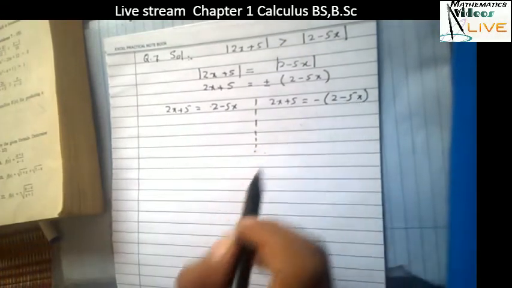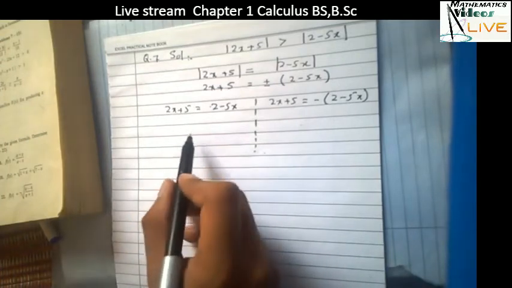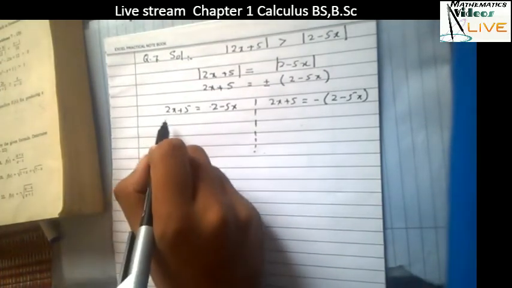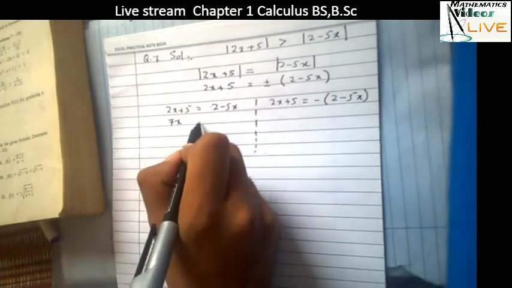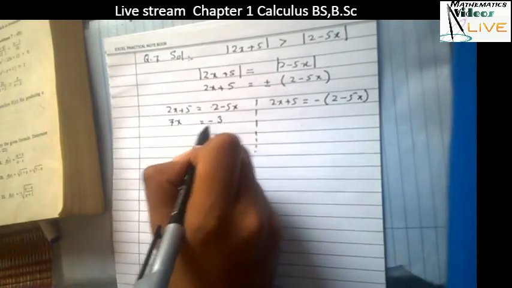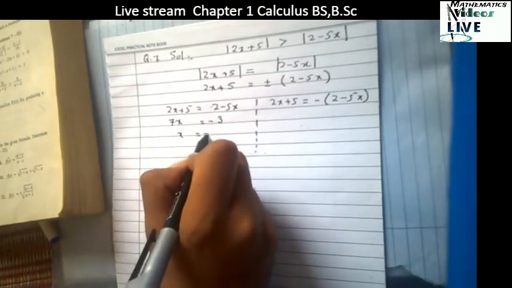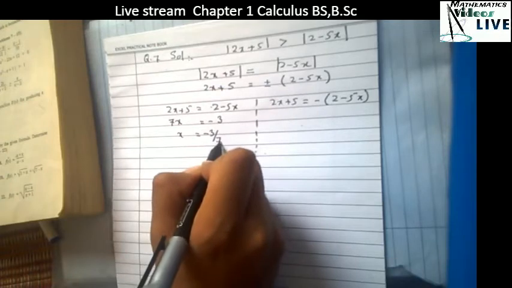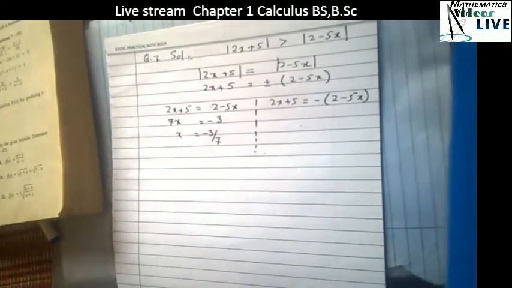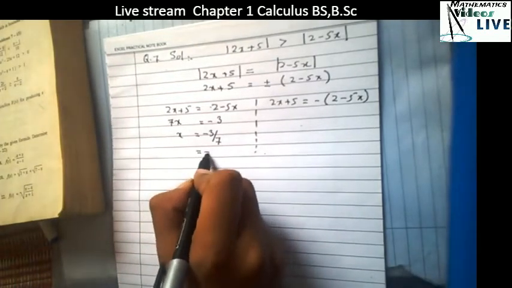Next we will solve this. We get two equations from here. One is 2x plus 5 is equal to plus 2 minus 5x, and the other one is 2x plus 5 is equal to negative times 2 minus 5x. We will first solve this equation.